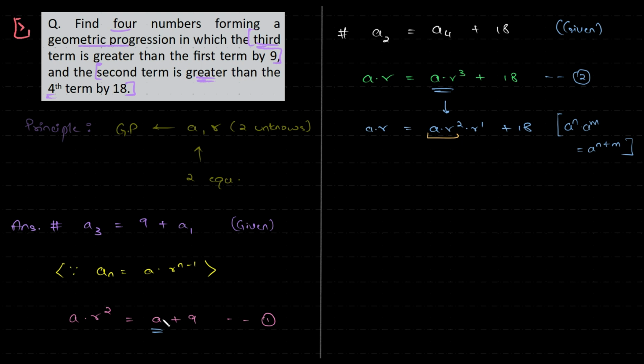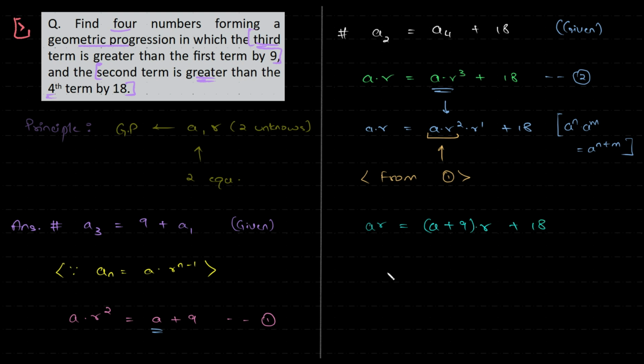In place of this, I'm going to substitute from 1. So from 1, I can substitute for that. So in place of that, what do I have to put? a r cubed is equal to (a plus 9) into r plus 18.